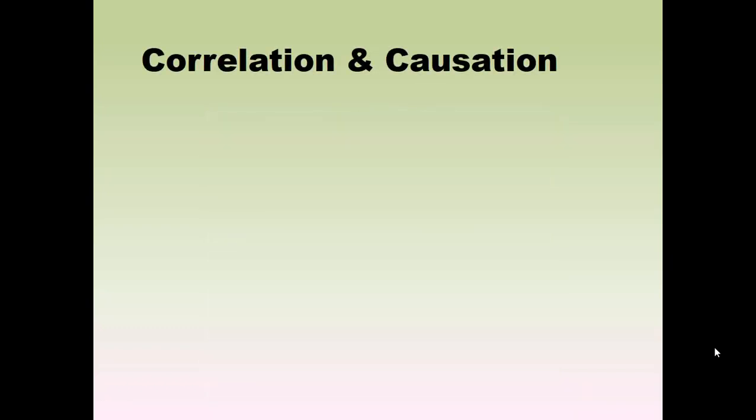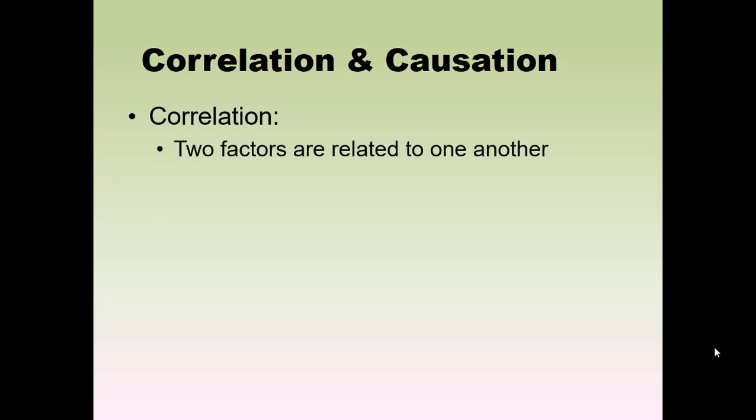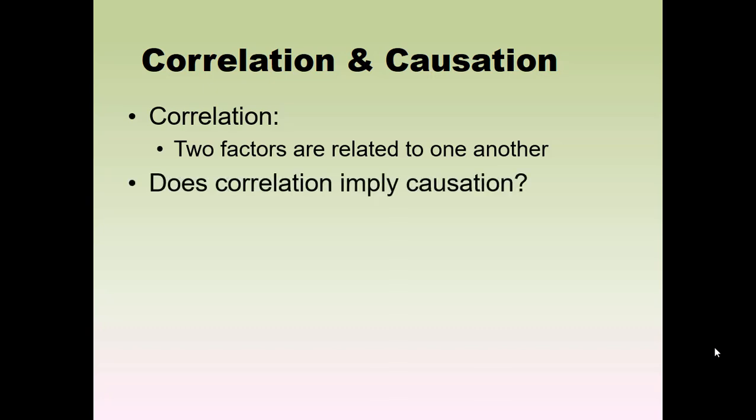Last concept that I do want to touch on here today, and then we'll wrap things up, is the idea of correlation and causation. Now, when we talk about correlation, this is the idea that we have two factors that are related to one another. Now, the question then is, if two factors are related to one another, does that mean that one causes the other?